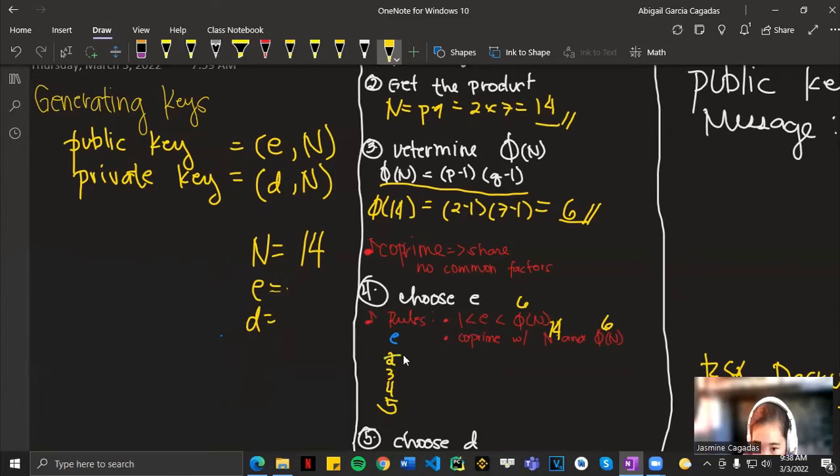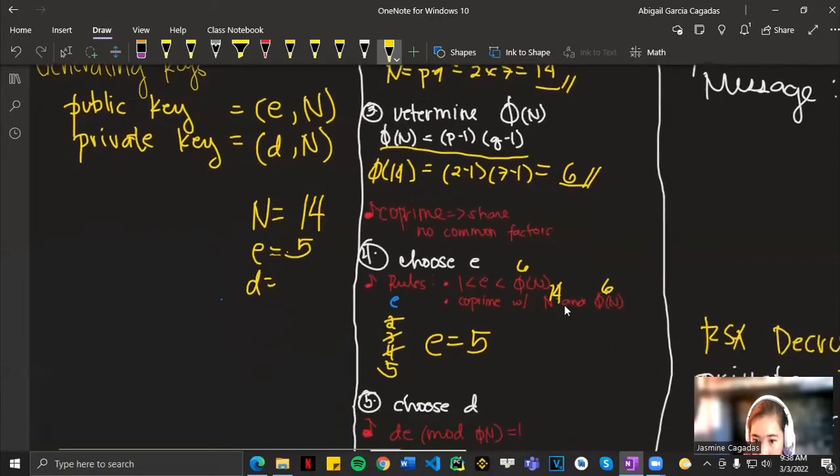Yes, so we have to cancel that. 3 also shares a common factor with 6 because 6 is 2 times 3. 4, of course, has a common factor with 14 and 6. 5 does not have a common factor with 14 and 6. So the value of E now is 5, all right? This is only easy for small numbers, but for bigger numbers, this is impossible to solve by hand.